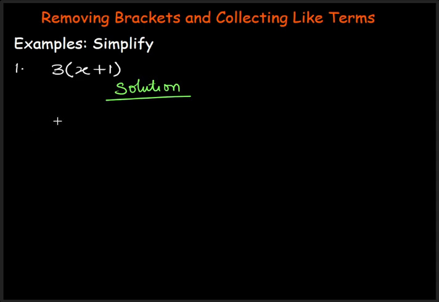Now, what do we have? 3 bracket x plus 1. Why do we really use bracket? Listen to the idea of what bracket does. For example, if I have x plus 1 and I want to multiply this, this thing is carrying two terms: we have x, and we also have plus 1.